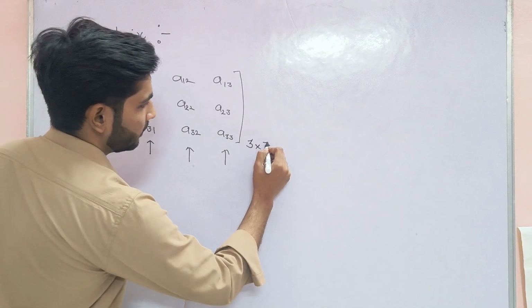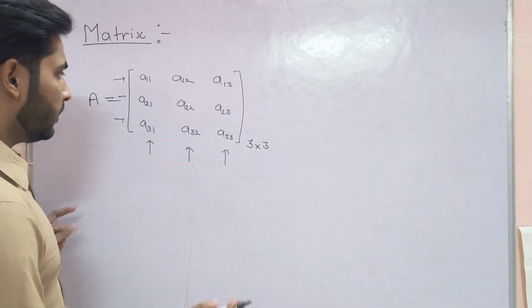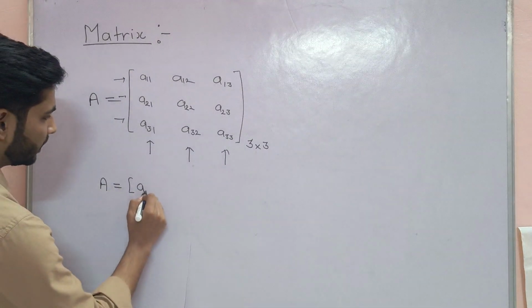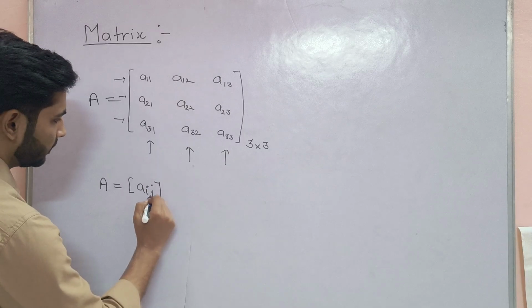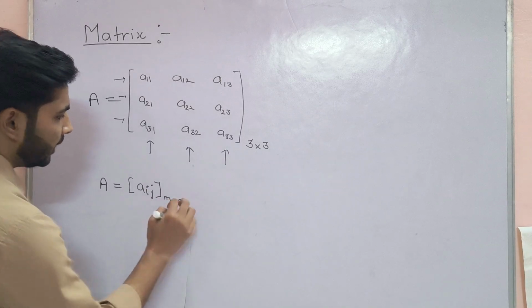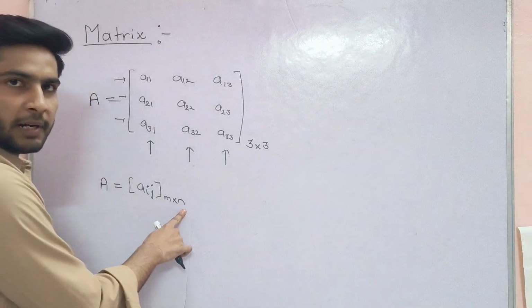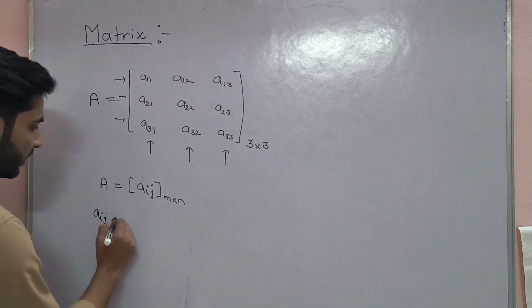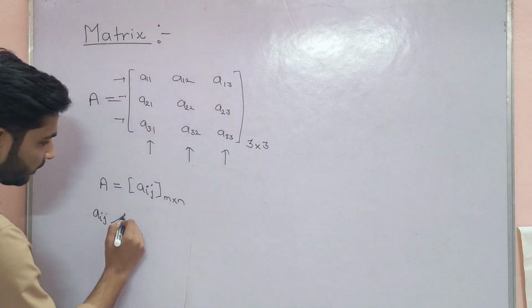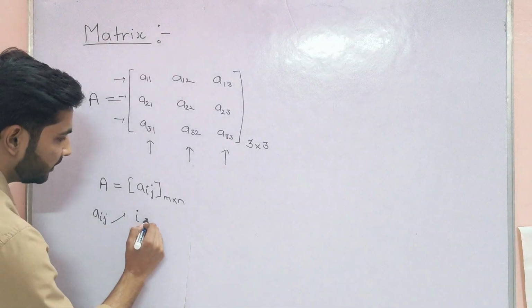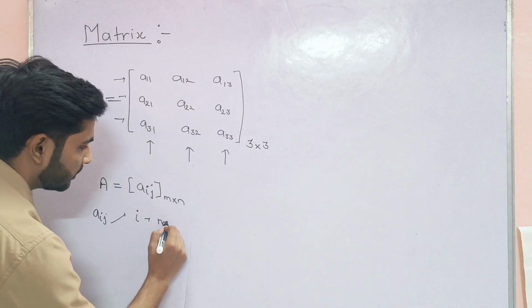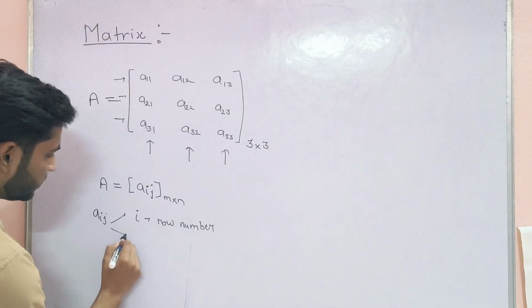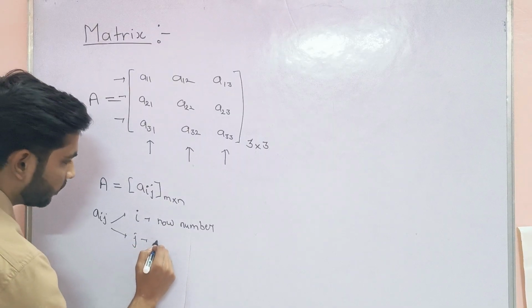So what is the order of this matrix? 3 cross 3. In compact form, we represent this matrix as A equal to Aij M cross N. Here M represents the number of rows and N represents the number of columns. Here Aij is a general element where the first subscript i always indicates the row number and j represents the column number.